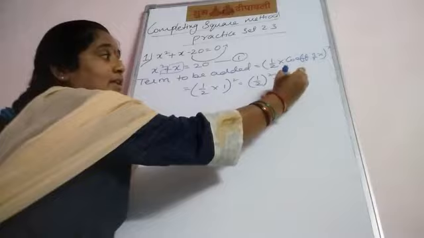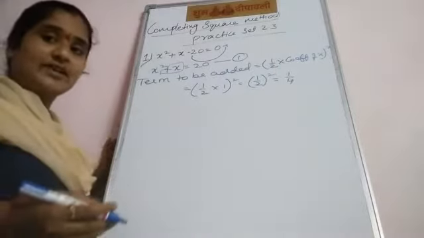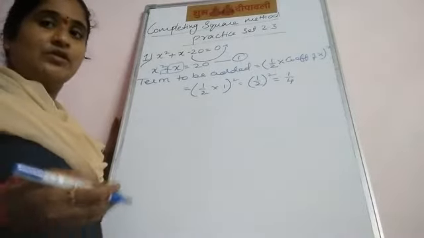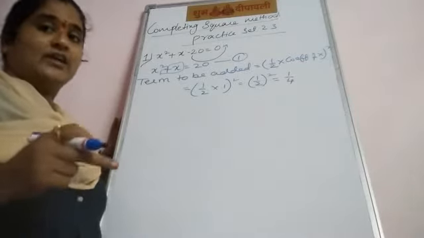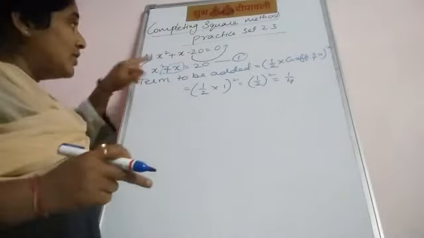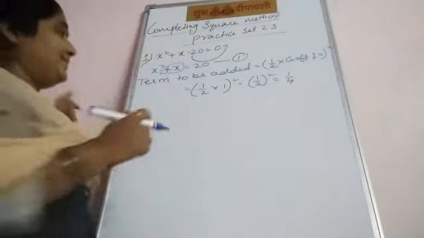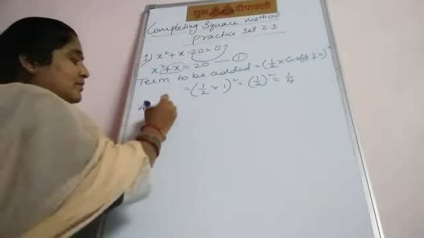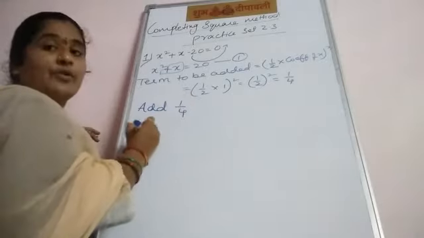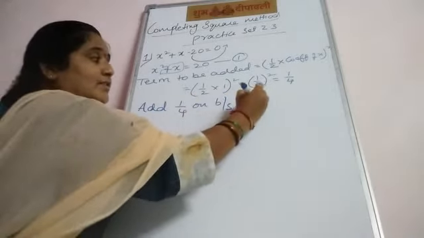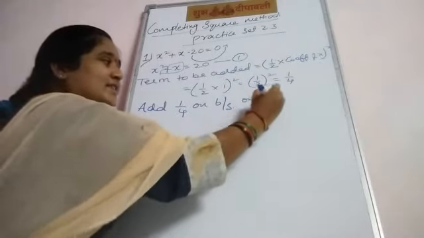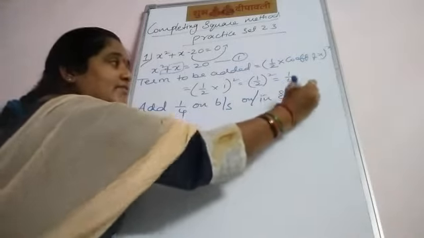How much? 1 upon 4. 1 square is 1. 2 square is what? 4. This 1 by 4 is added on both sides of equation 1.